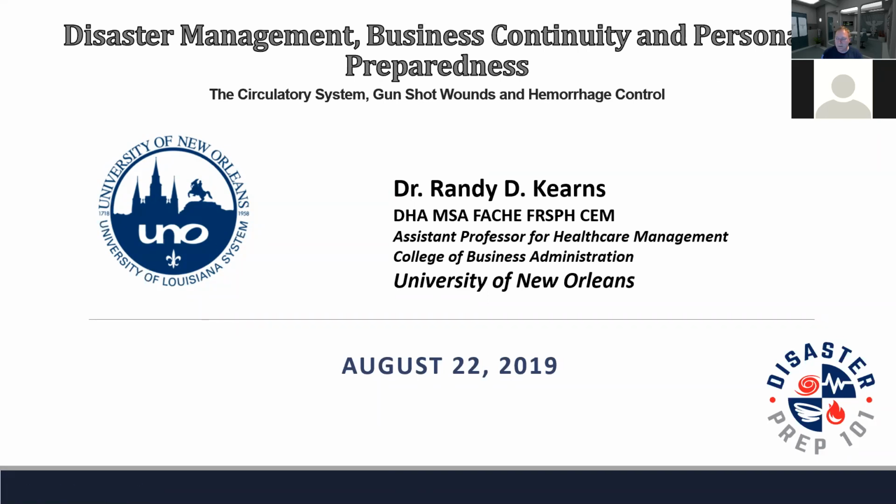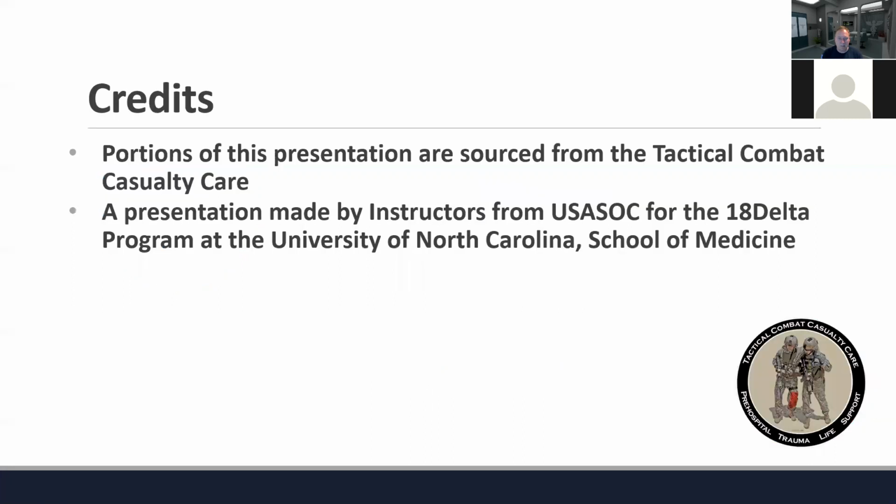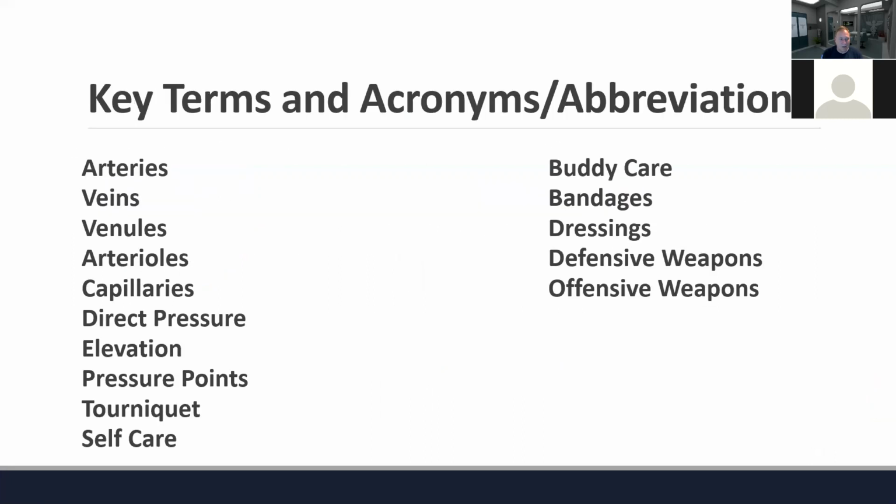So, in talking about hemorrhage control, I do want to briefly go through the vasculature, the anatomy and physiology of the human body, and then understand what type of weapons can lead to the greatest amount of blood loss.